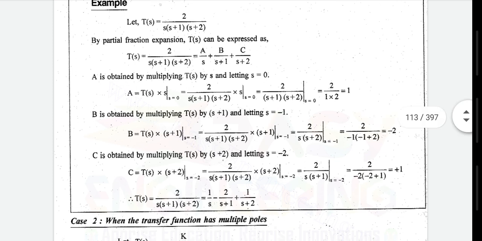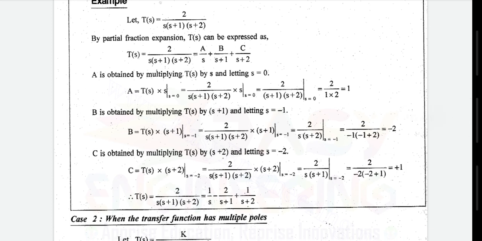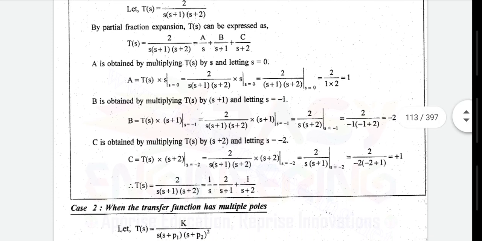To find the a value, what should we do? T of s into, so what is the denominator of a? Yes, right? T of s into s by making s equal to 0. What is the T of s value? T of s is nothing but 2 by s into s plus 1 into s plus 2.